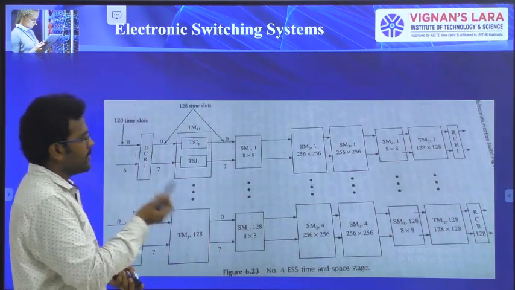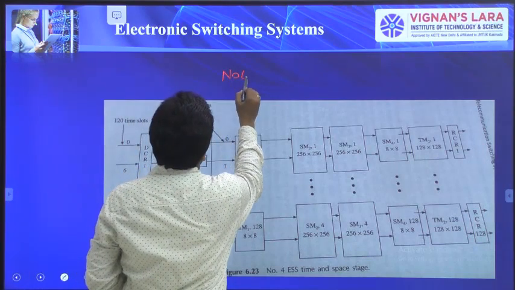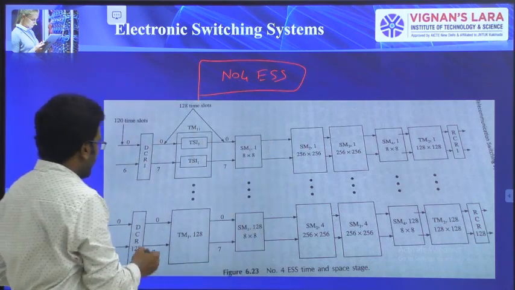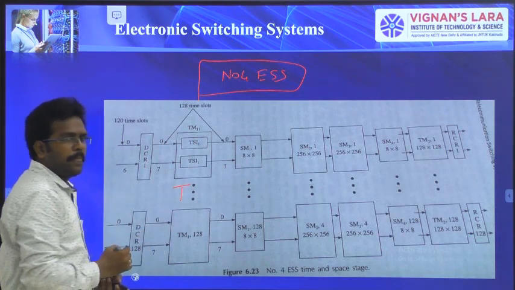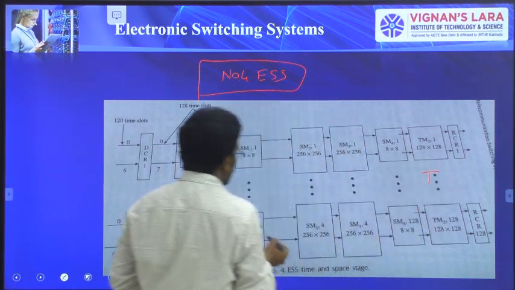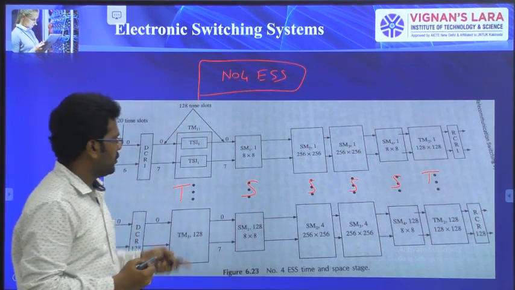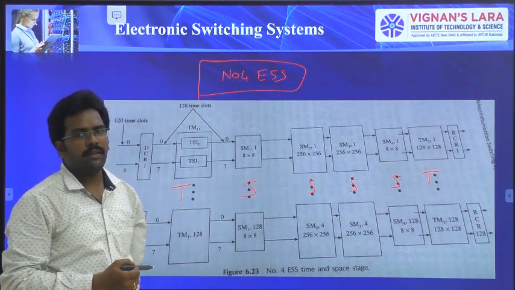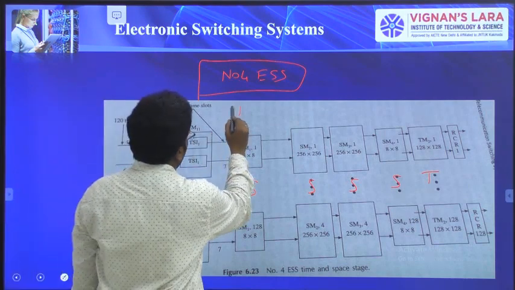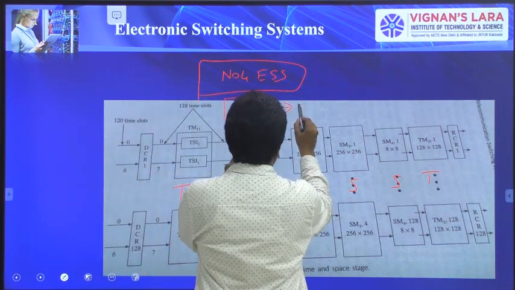So this is the structure of this number 4 ESS switching system. It contains a time switch at the start and end, and in between there are space switches: T, S, S, S, T. Generally if I am using a TS switch, we will go for expansion.